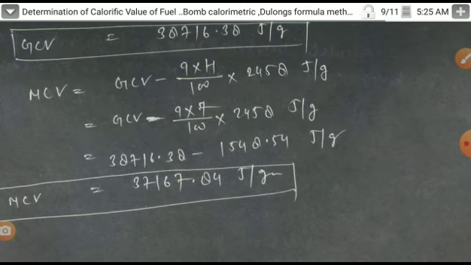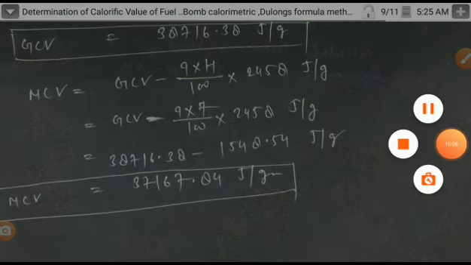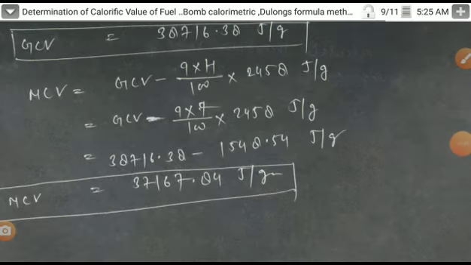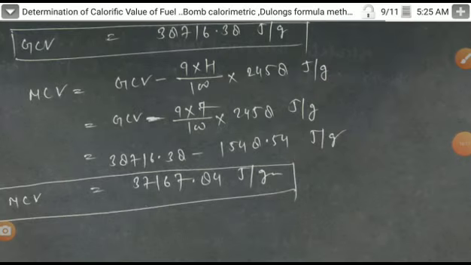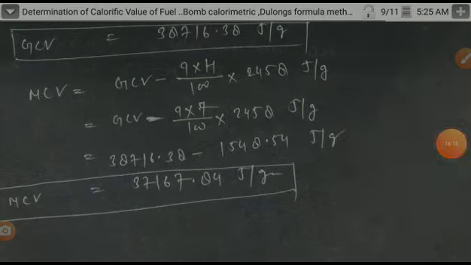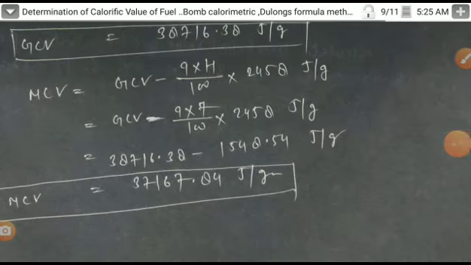And after that you have to apply the other formula, that is NCV is equal to GCV minus 9 into hydrogen divided by 100 into 587 calorie per gram, and calculate the NCV value also. So this is the method by which you calculate the GCV and NCV of a particular fuel.